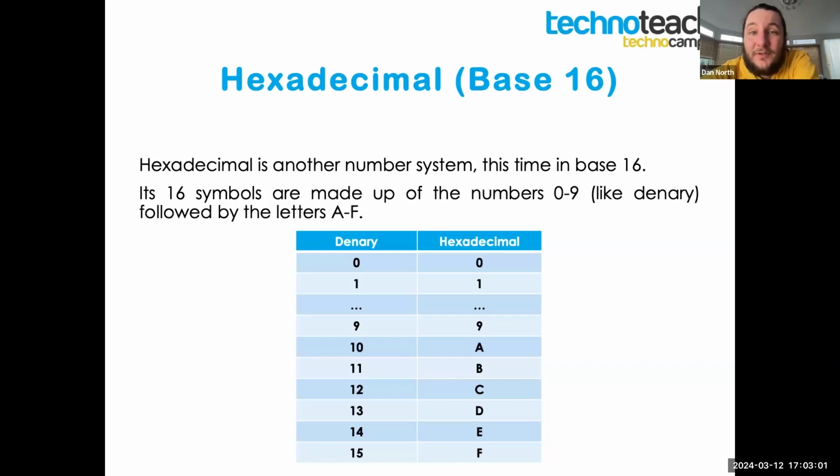You count from 0 to 9, and then you go on to the next digit and write 10, 11, 12, 13. So our digits only go up to 9, which means if we want to count in a higher base, we either have to invent some new symbols, which we could do, or we can take the easy way out and just use letters because we've already got those symbols.